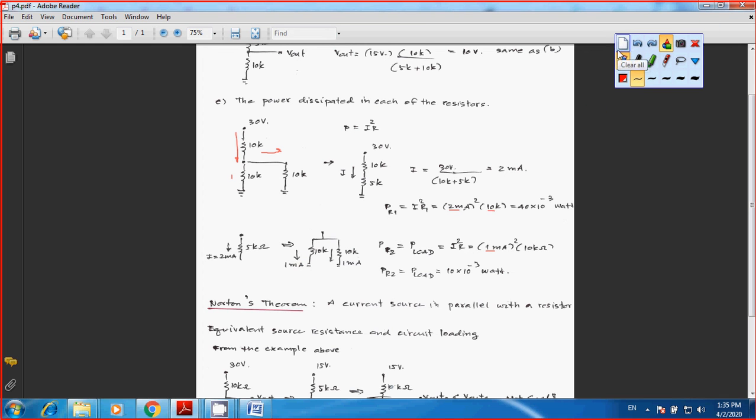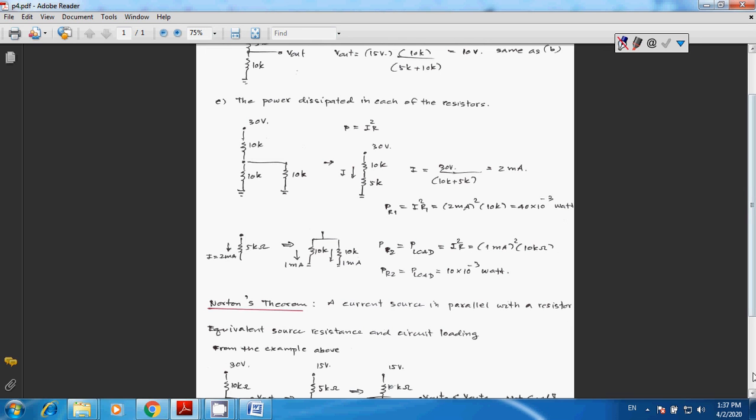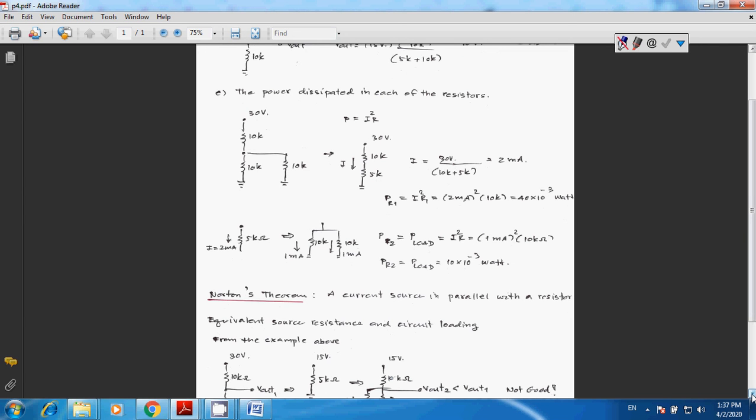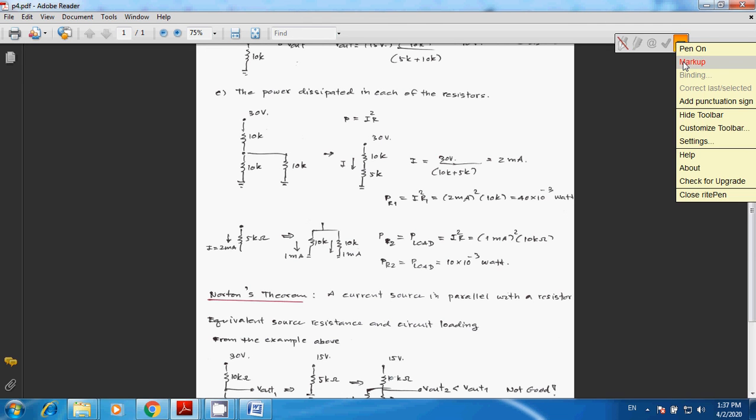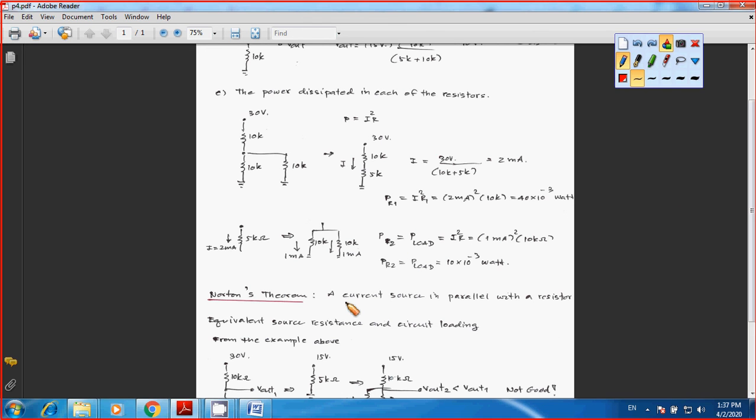Okay, that's all about our Thevenin theorem and also our Thevenin equivalent circuit. You may have heard about Norton theorem. Norton theorem is similar to Thevenin theorem, except we're talking about a current source, and you also have a resistor in parallel with the current source.